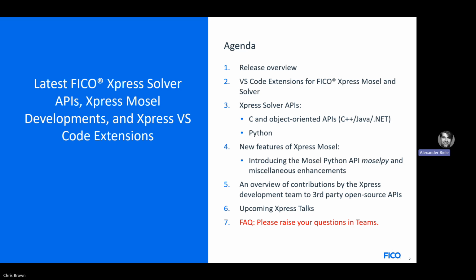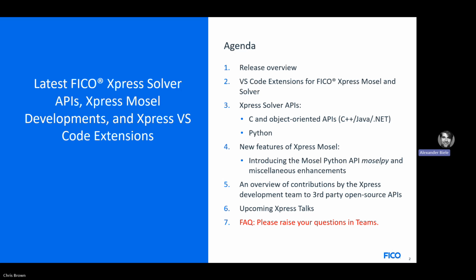We start with the agenda. We give you a quick overview on the release and then start with solver APIs, C and object-oriented ones, before we have Chris talking about the new Python APIs. Then Susanne guides us through the latest Xpress Mosel features, and in particular talking about the Mosel Python API, MoselPy.